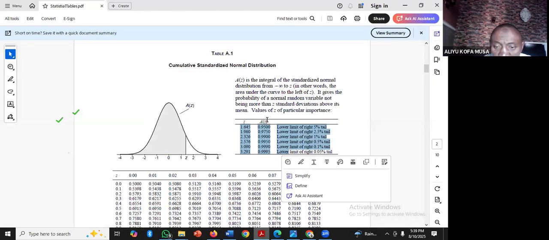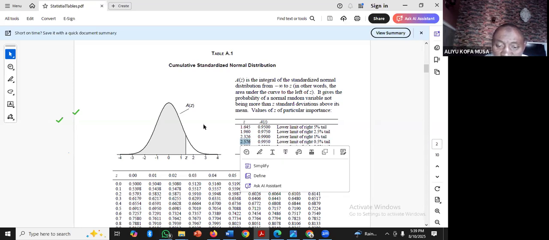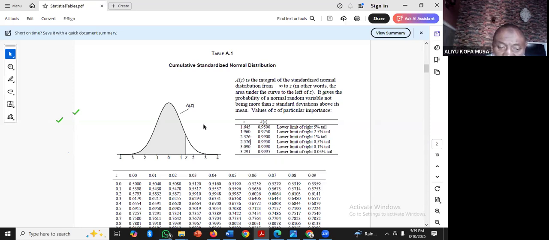You now look at it. Okay. Look at where is 0.995? Look at it here. What is the z value here? This is the z value. You can see 2.576. This is how to go about it.